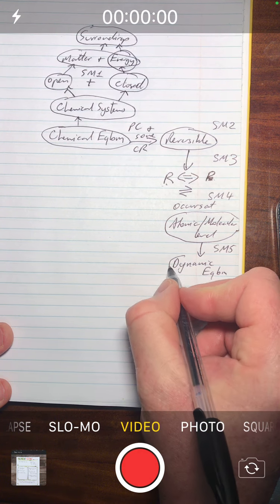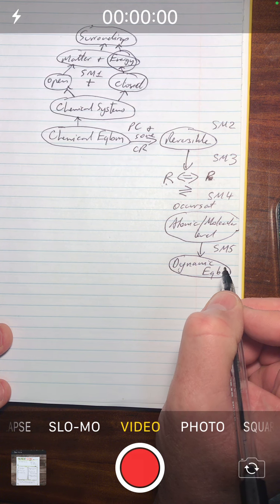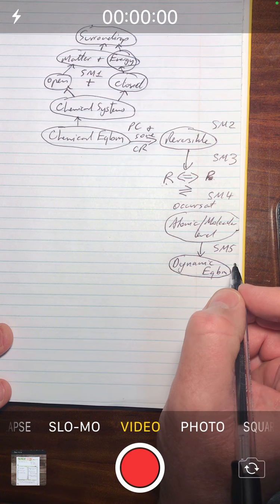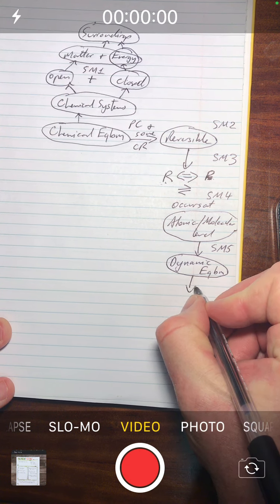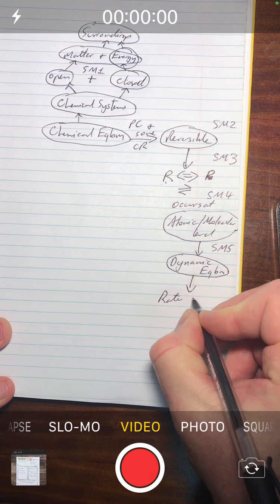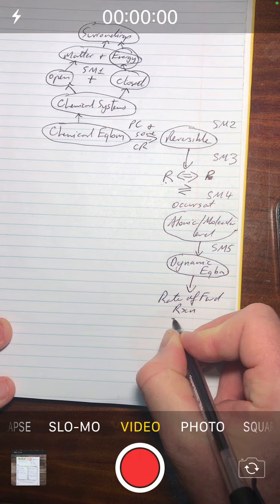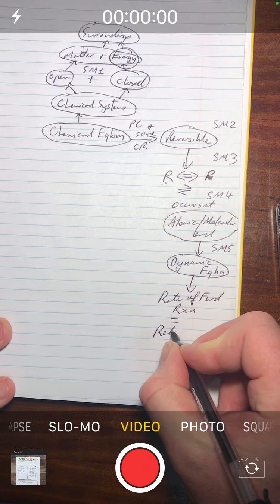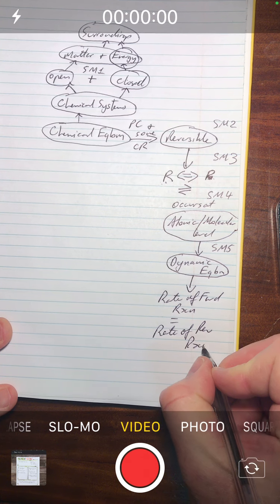So at the atomic molecular level, there's lots of change going on, but at the macroscopic level, there isn't any change going on. Okay, so at dynamic equilibrium, we have the rate of the forward reaction equals the rate of the reverse reaction.